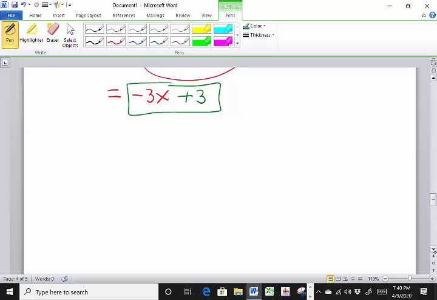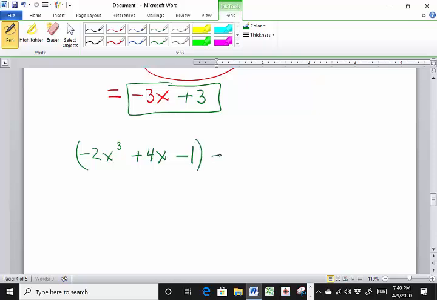Let's say we have negative 2x to the third power plus 4x minus 1, and then we're going to subtract 5x to the third power plus x squared minus 9.